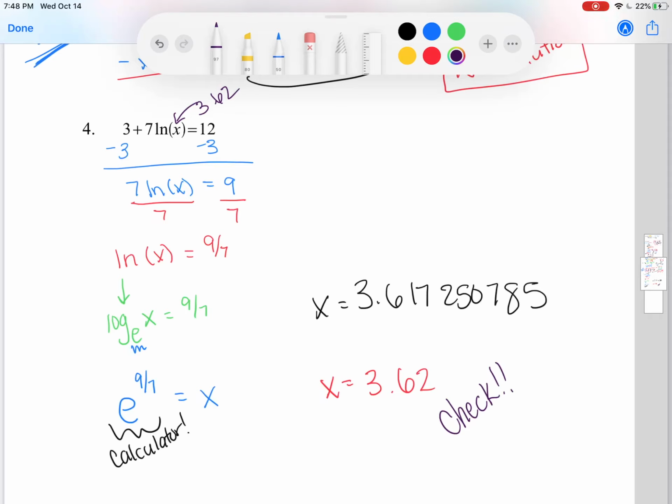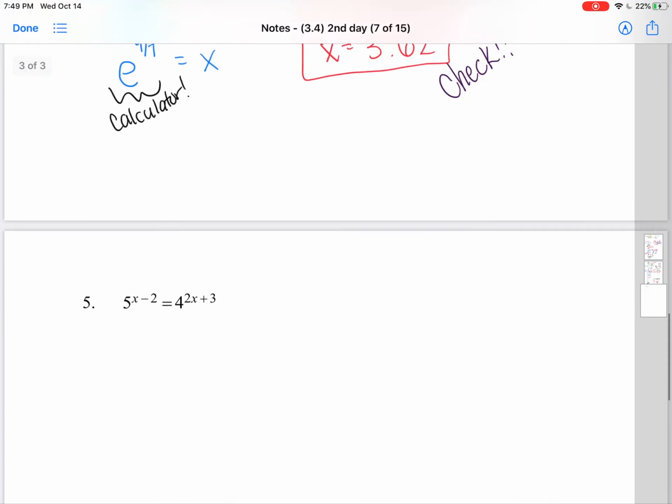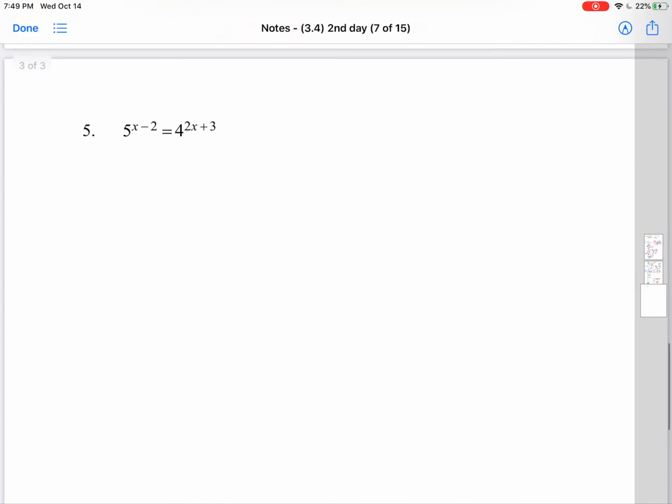So if I plugged in 3.62 here, the beauty of this one is that x is all by itself already on the inside of those parentheses, so nothing's going to change it. So if I know I have a positive 3.62 as an answer and I plug that back in, it's going to remain a positive 3.62. So it will still count as an answer.